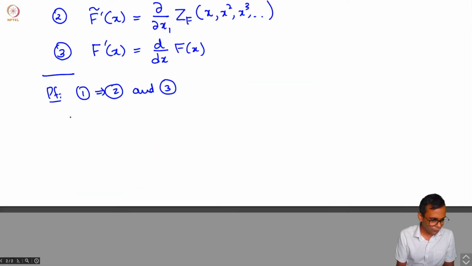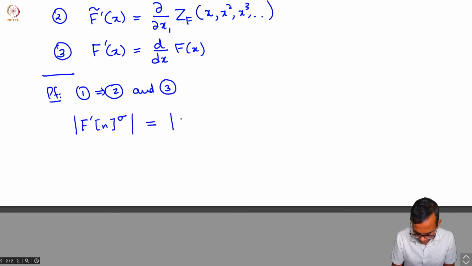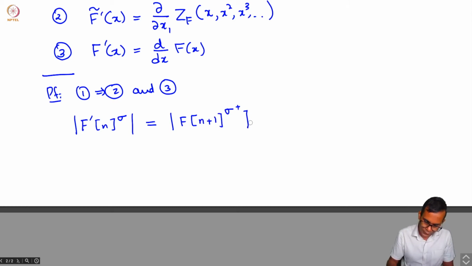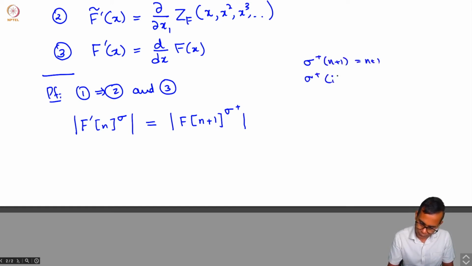The main point in the proof is that if you take f prime of n and look at its fixed points under sigma, well, by definition that's the same as the fixed points in f of n plus 1 of sigma plus, where I think of sigma plus as the permutation sigma extended to n plus 1 by just taking n plus 1 to itself. So sigma plus of n plus 1 is equal to n plus 1. Sigma plus of i is equal to sigma i if i belongs to n.